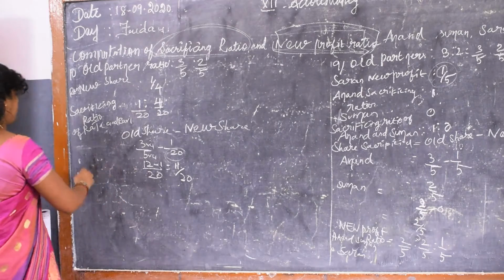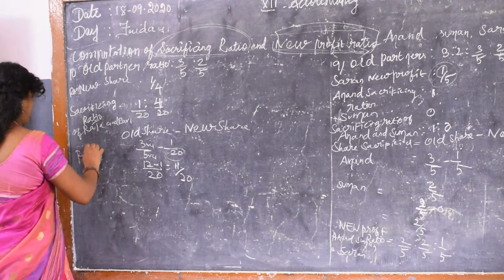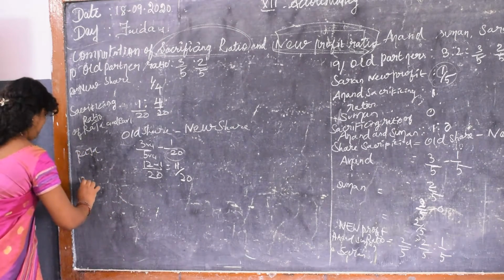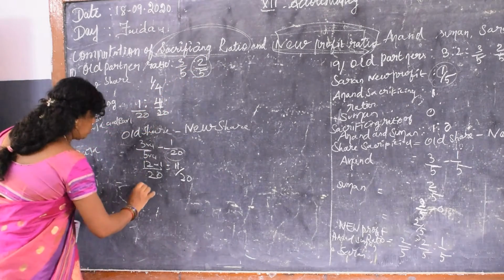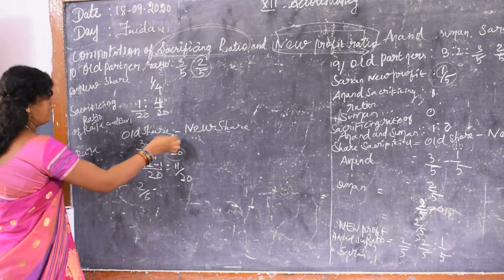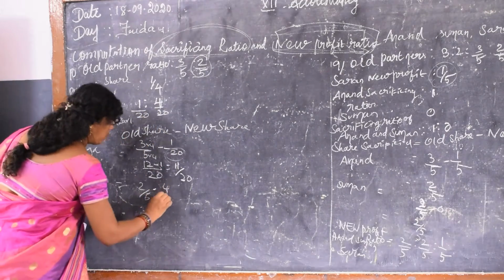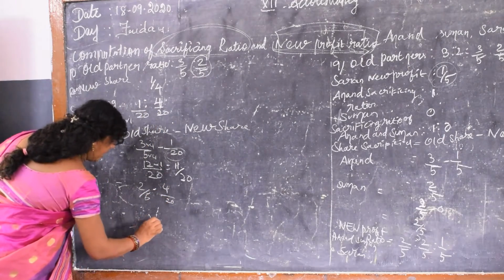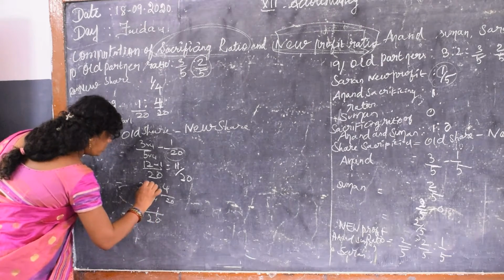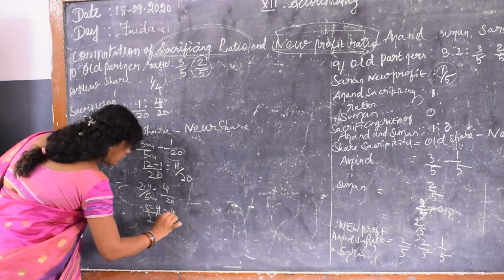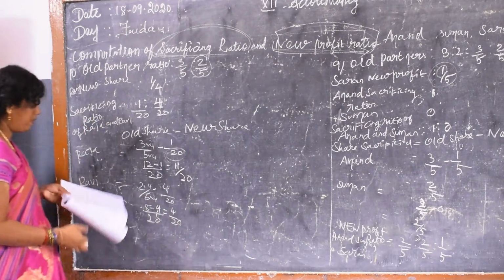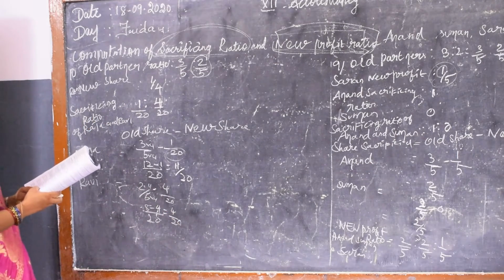This is for Raja. For Ravi, follow the same procedure. The old share is 2 by 5 and the new share is 4 by 20. Same procedure, take an LCM: 4 times 5 is 20, 8 minus 4 is 4 by 20. So 11 by 20 and 4 by 20.